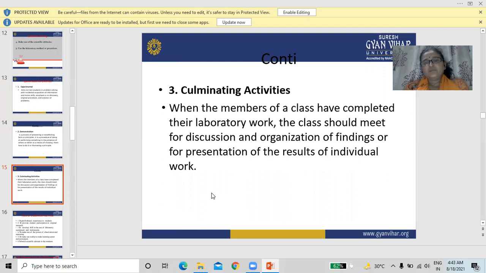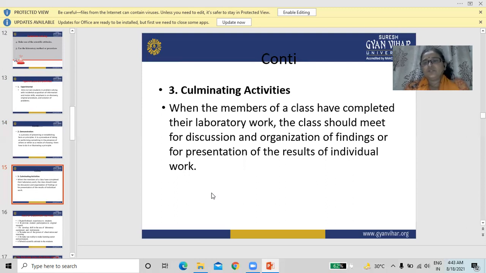When the members of a class have completed their laboratory work, the class should meet for discussion and organization of findings or presentation of the result of individual work.